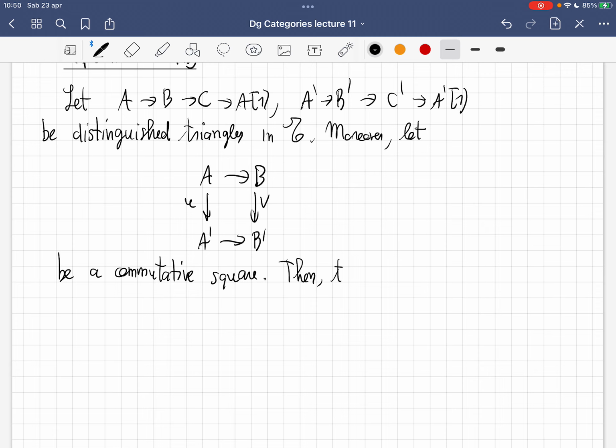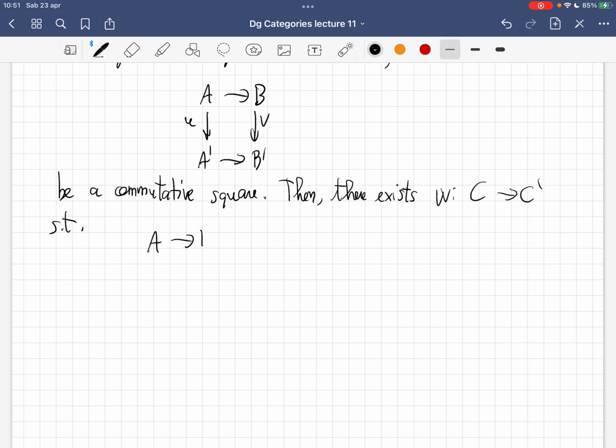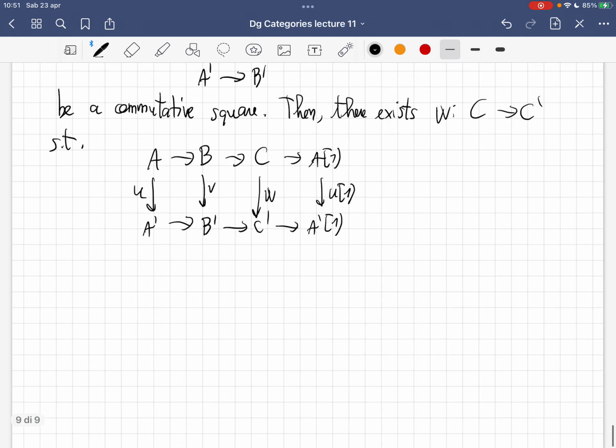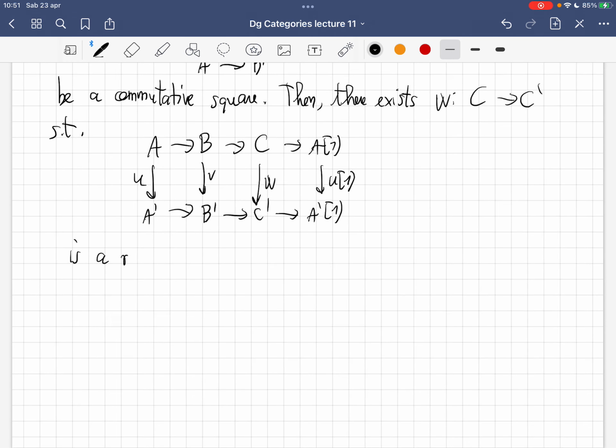And then the result is that there exists a morphism between the, if you want, the wannabe cones, such that when you put everything together, this is a morphism of distinguished triangles.